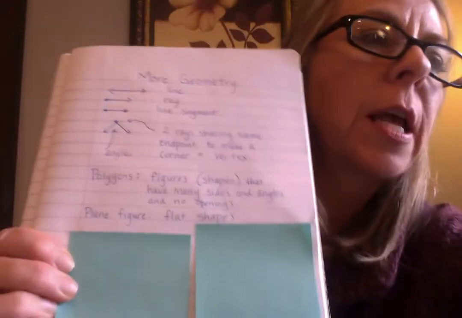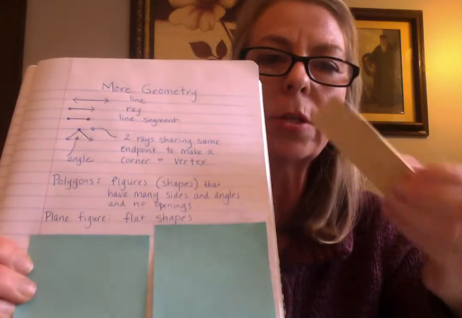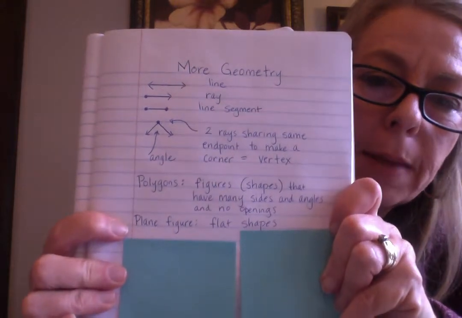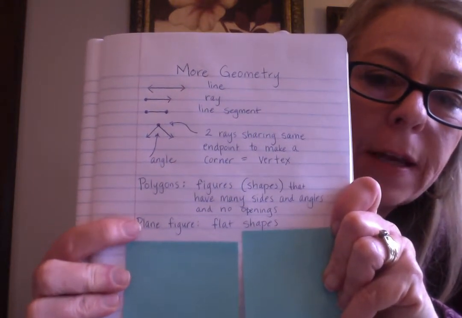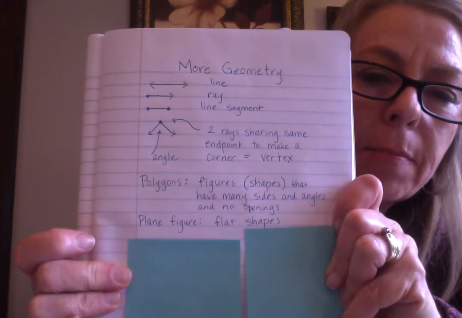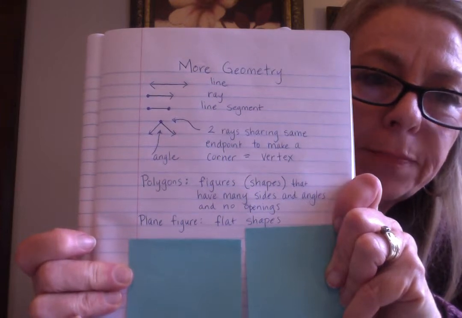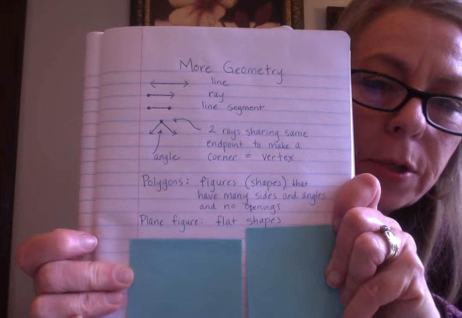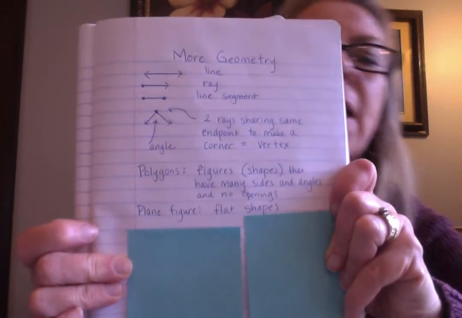So it's not a shape like this that's three-dimensional, right? It's just a flat shape that you could draw on a piece of paper, okay? So plane figure, just keep in mind that that means flat shape. Okay, if you are not done, please push pause until you're ready.